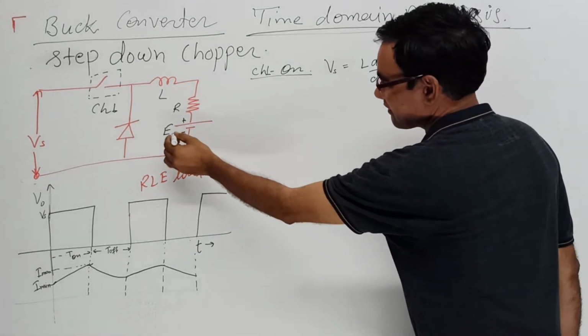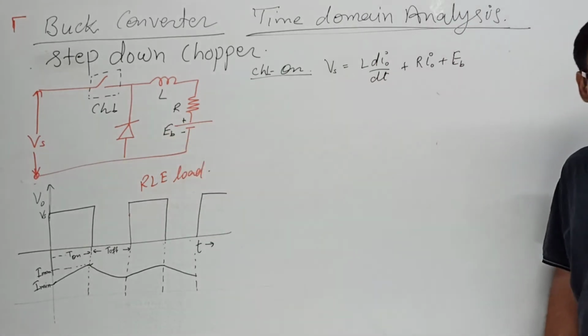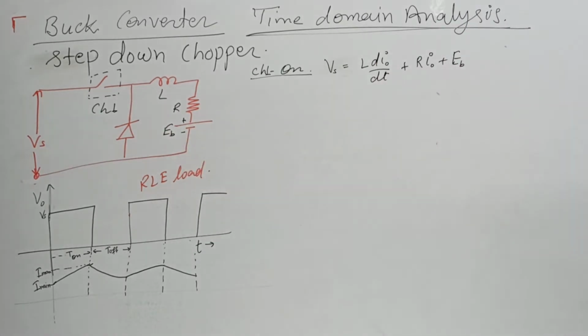This is the back EMF, not of a battery, but of a DC motor. So this is the simple equation when the switch is in on condition.